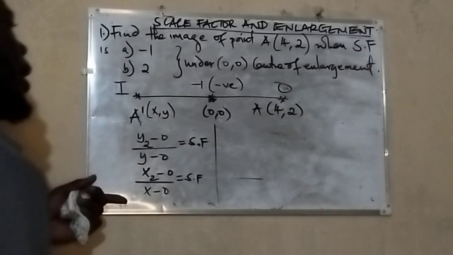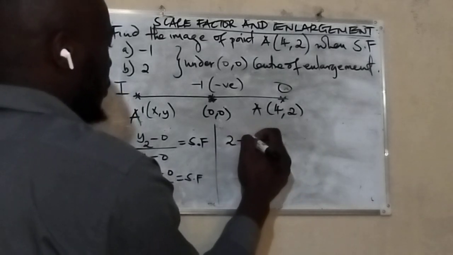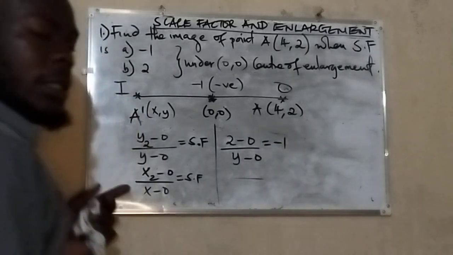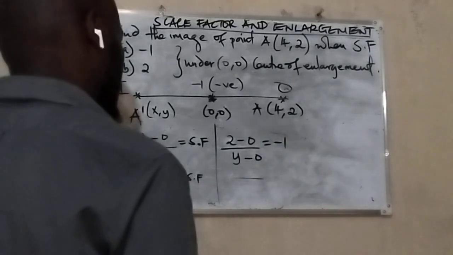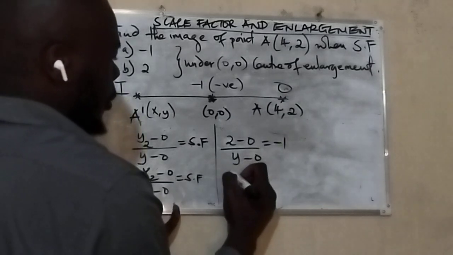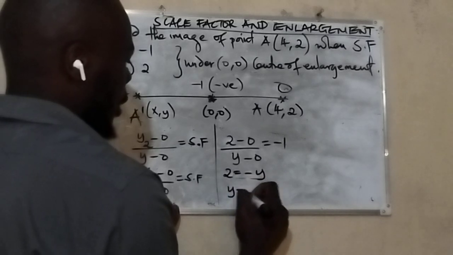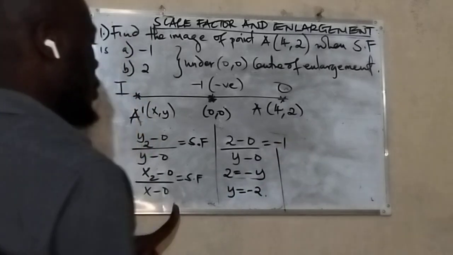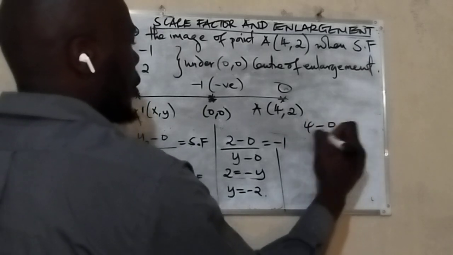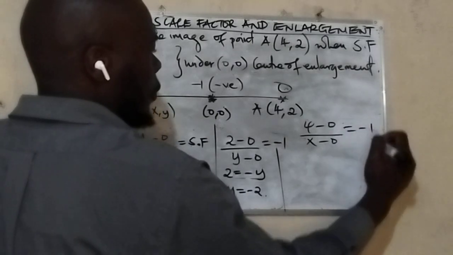For our case here, we have 2 minus 0 over y minus 0. We get the scale factor negative 1. So this becomes 2 equals negative y, which means your y will be negative 2. Then for x, again we have 4 minus 0 over x minus 0, which gives negative 1.